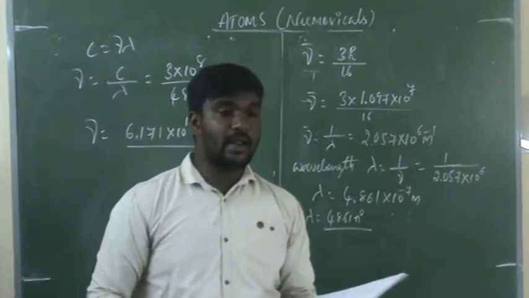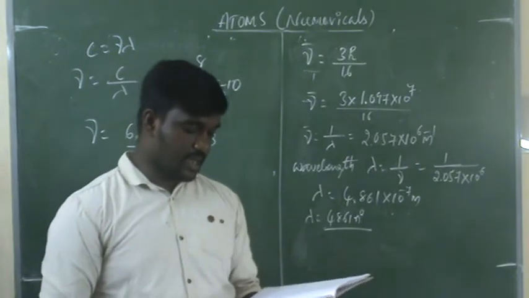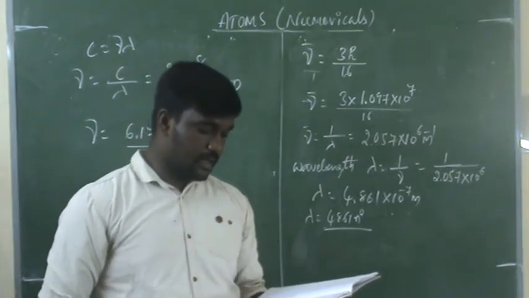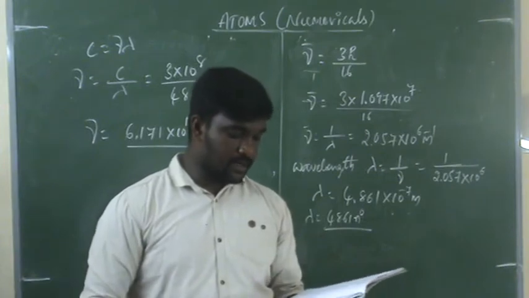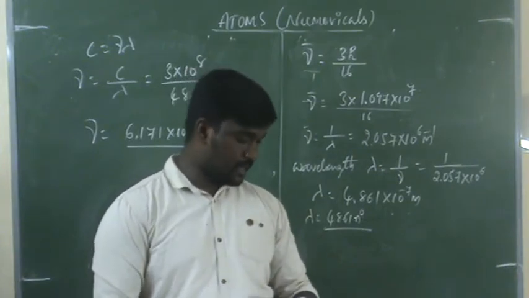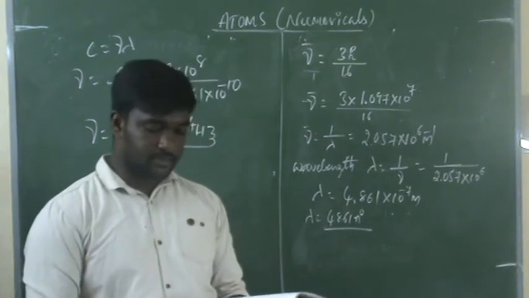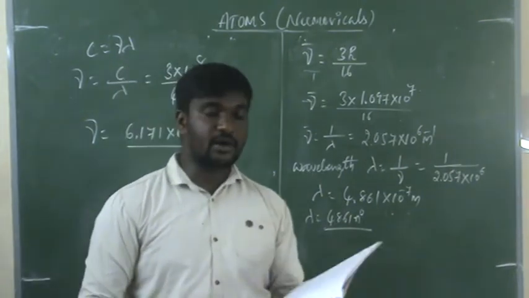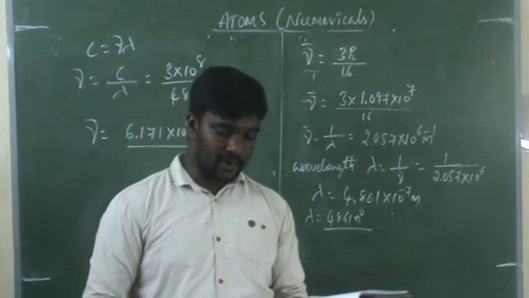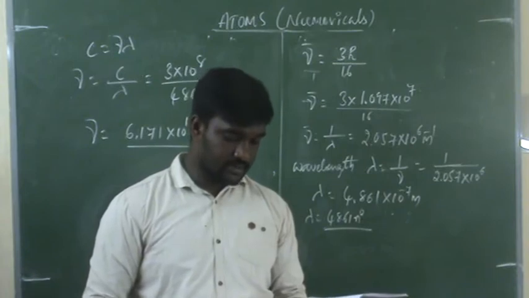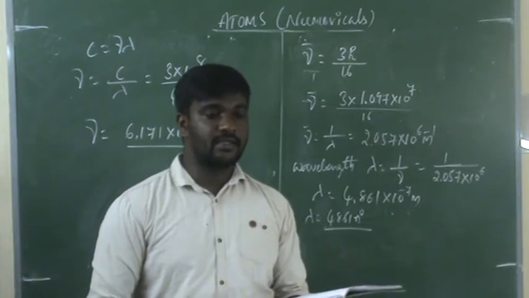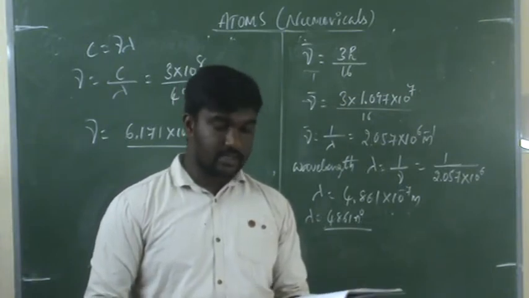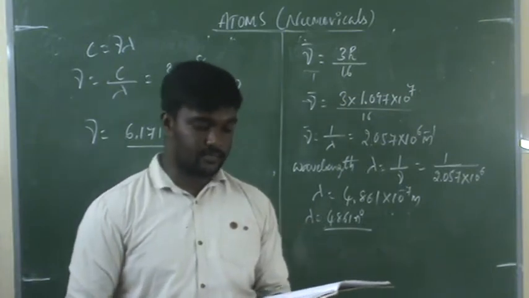Okay. An electron in a hydrogen atom in the ground state is excited to n equals 4.